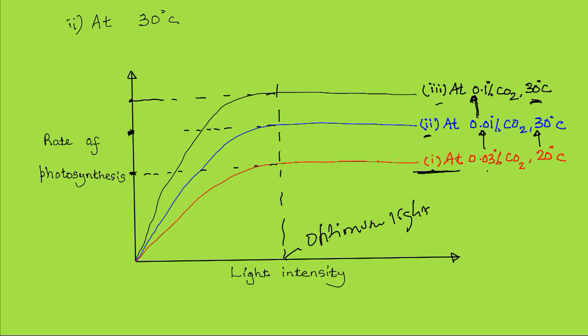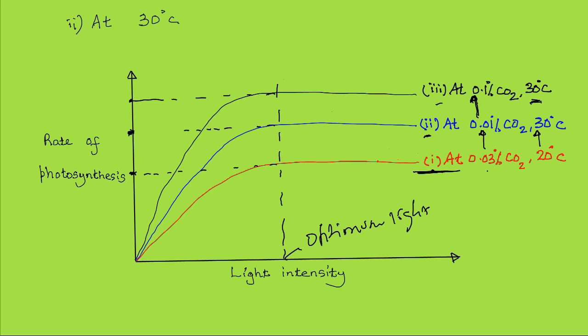Now from this we can project and conclude that if you were to increase the temperature slightly higher to say 35 degrees C, then we would expect the graph to increase and reach the optimum level at a higher point, because the higher temperature will activate the enzymes more, and the process, especially the dark stage reaction, will proceed faster.